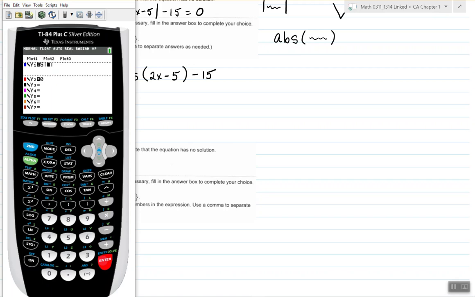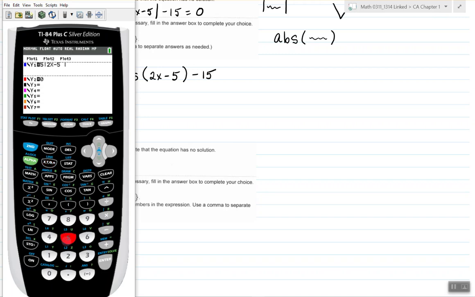I'm sorry, I had forgotten, mine actually puts absolute value bars. The older operating systems do not. So some of you may have exactly what I wrote. Some of you may get this. Inside the absolute value is 2, variable x, subtract 5.